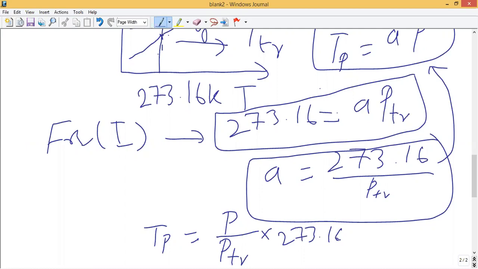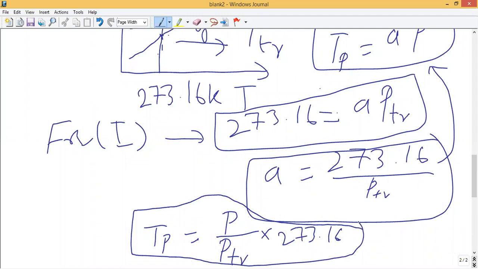Okay, so this is the formula for calculating temperature. This pressure at the triple point is fixed, that is at 273.16, and this pressure varies with temperature. So we can calculate different temperatures at different pressures, because pressure will vary. If you put different values of pressure here, you will find different values of temperature. Okay, so the pressure thermometer, that is the constant volume gas thermometer, is based on this formula.